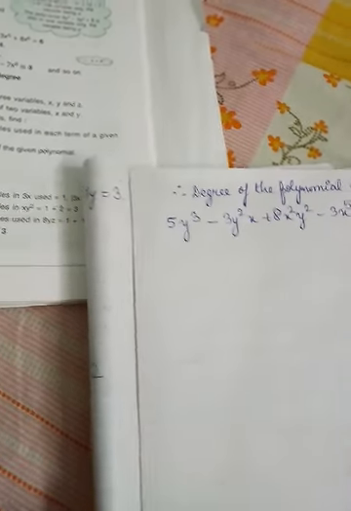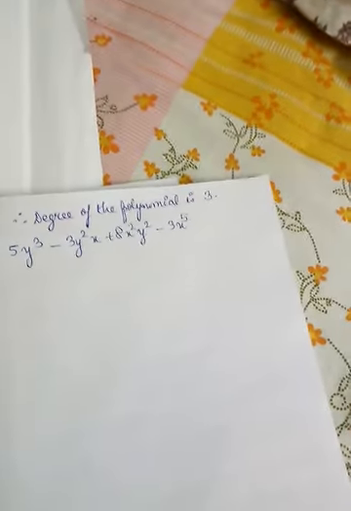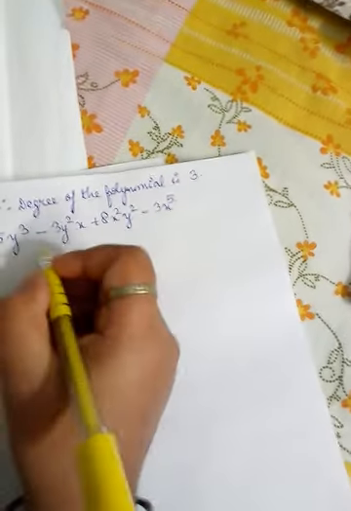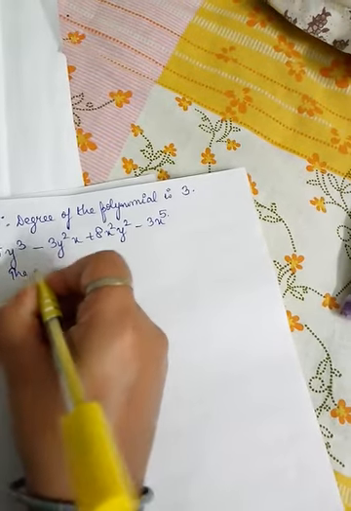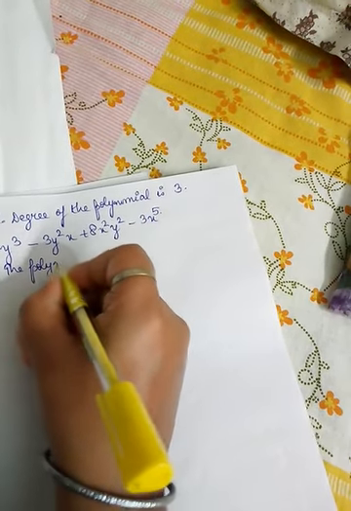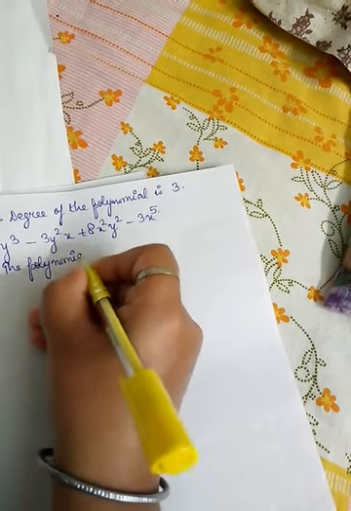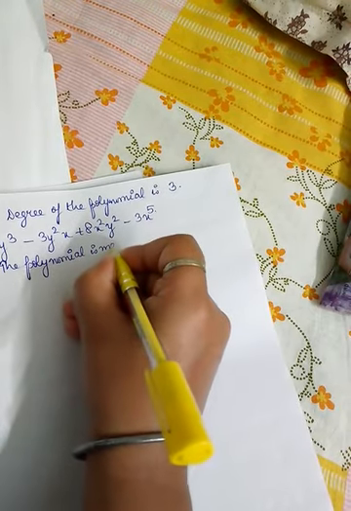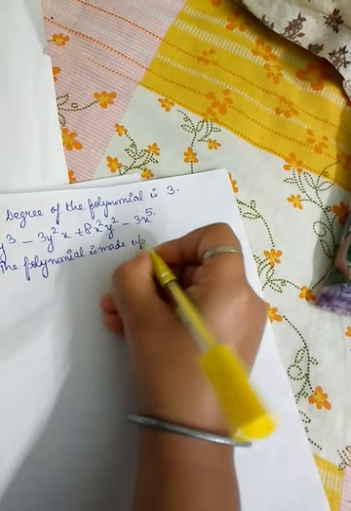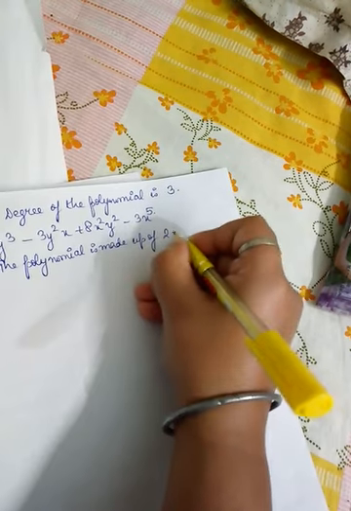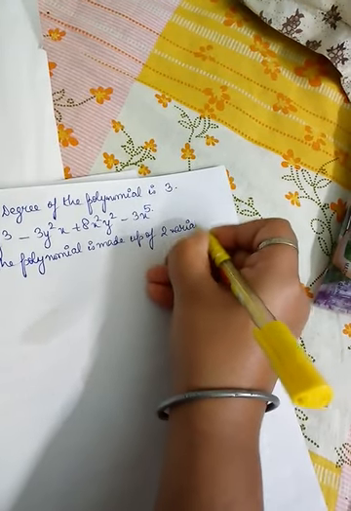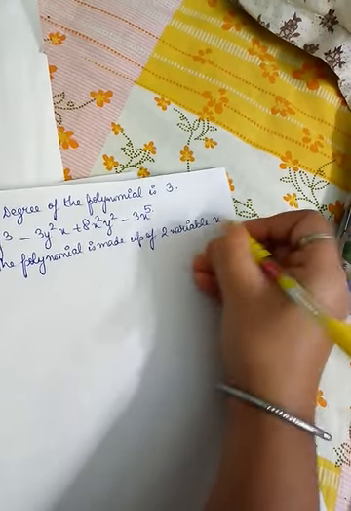Suppose you are asked to solve this. What are we going to write? First we write the variables that the polynomial is made up of. So we will write: the polynomial is made up of two variables x and y, because we have x and y only.